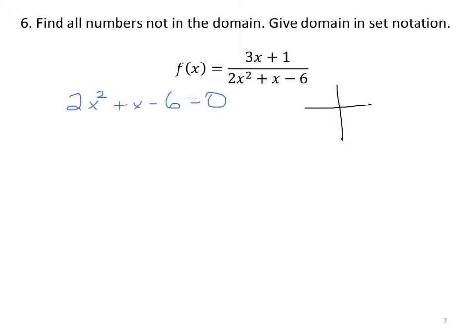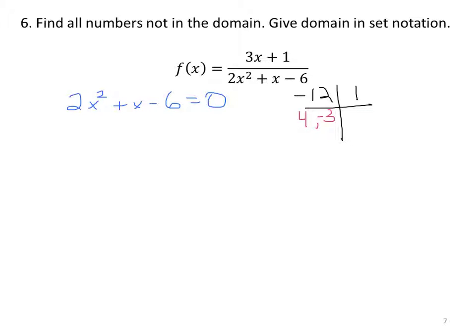So as a quick review, in grouping we multiply this coefficient by this coefficient and we write it here, and then we take the middle coefficient and we write it here. And that tells us we need two numbers that multiply to give us -12 and add to give us 1, and those two numbers are going to be 4 and -3.